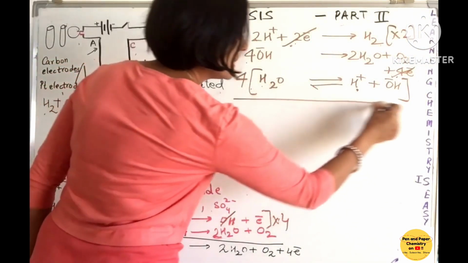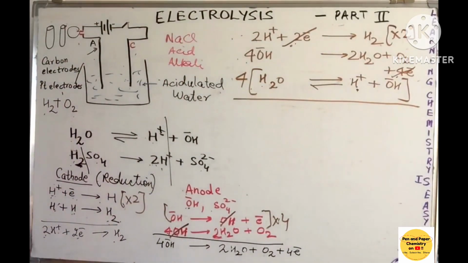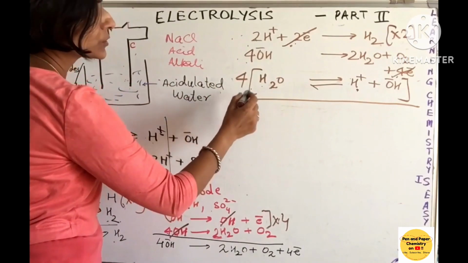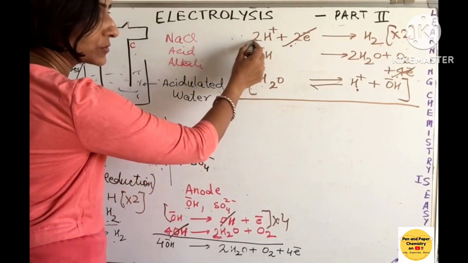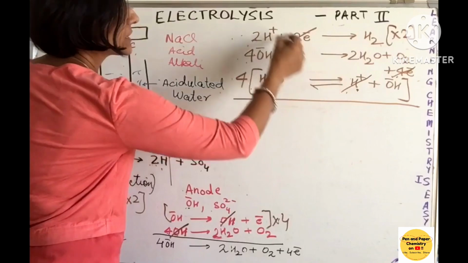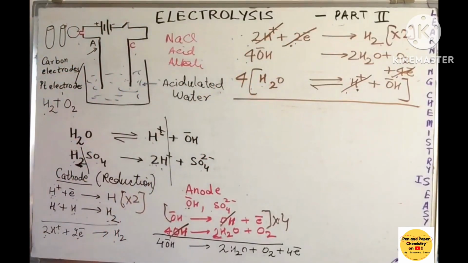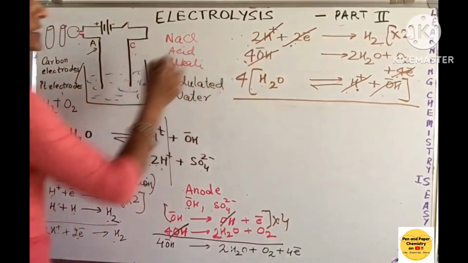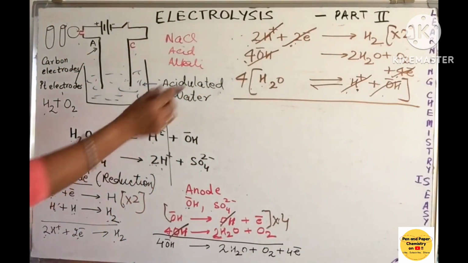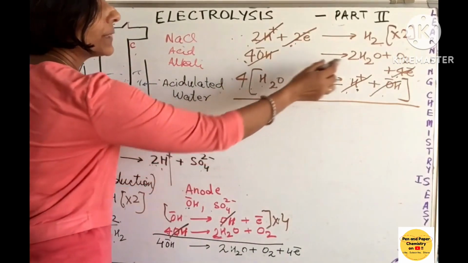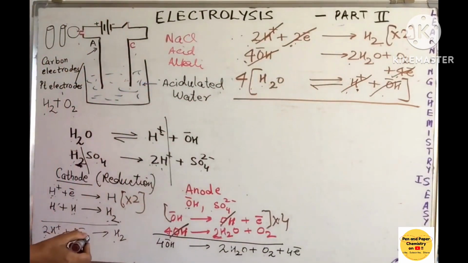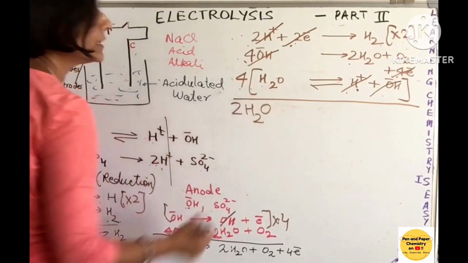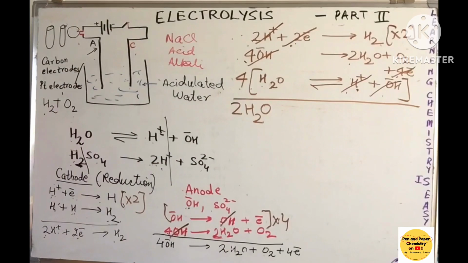Now let us add it up. 2 times 2 is 4 hydrogen being used up and 4 hydrogen being generated. Finish. 4 hydroxyl being used up, 4 hydroxyl being generated. Done with. 4 water being used up, 2 water being obtained back. So we are left with only 2 water on the reactant side.